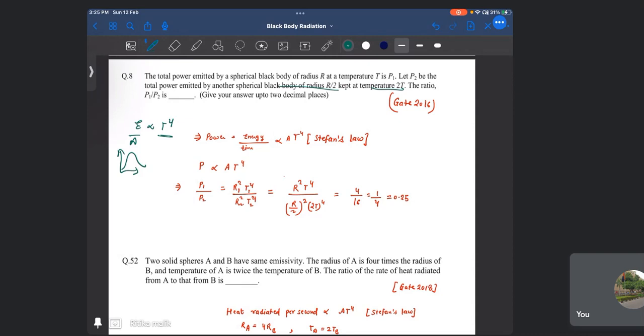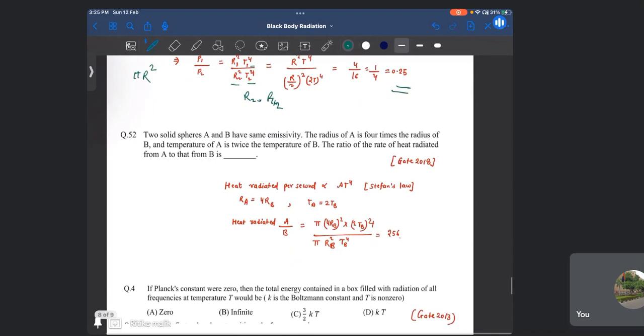So from this expression, power is proportional to A T to the power 4. If we take the ratio P1 by P2, area means pi r square, so we have r1 square here and r2 square here. By placing r2 as r by 2 and temperature T2 as 2T, we will get the ratio P1 by P2.